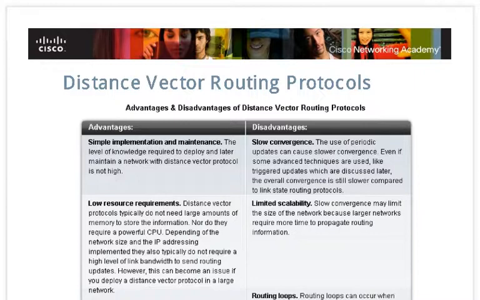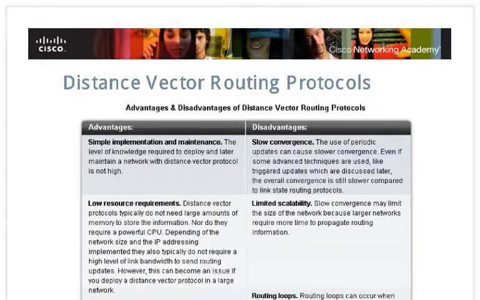Okay, but in terms of disadvantage, because of the periodic updates, the time to convergence tends to be large, especially when the network grows very large, which causes limited scalability. These two disadvantages are based on each other.